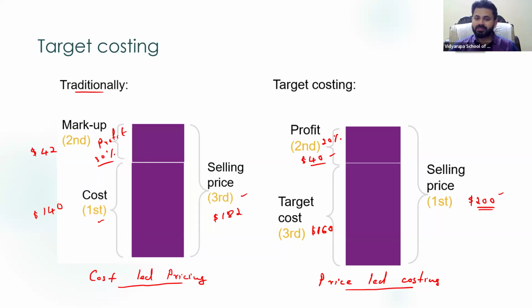Any response from your end? How can this selling price be fixed without even knowing the cost? Any idea? Any guesses? How can a business set the selling price first, even before they look into the cost? Anybody? Any guesses?